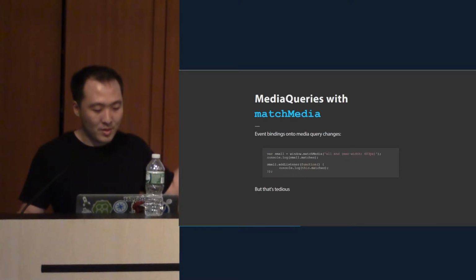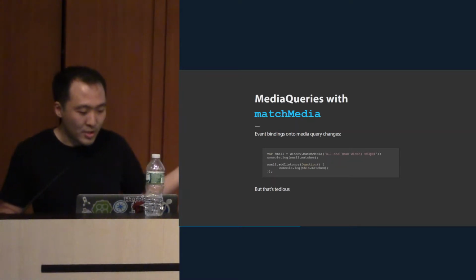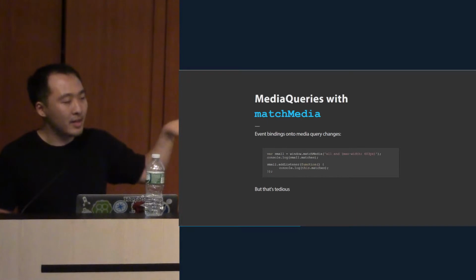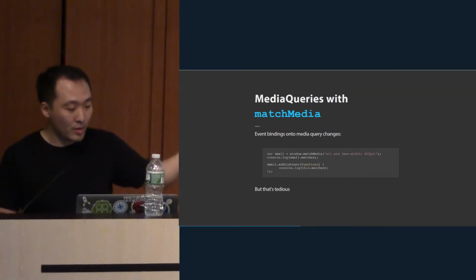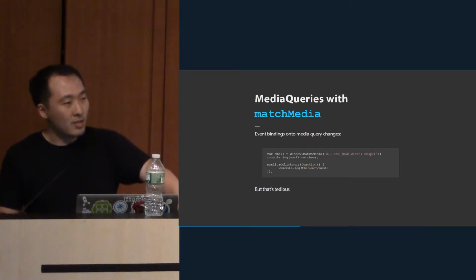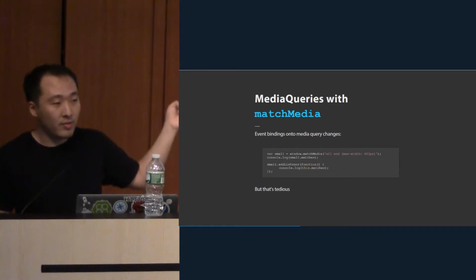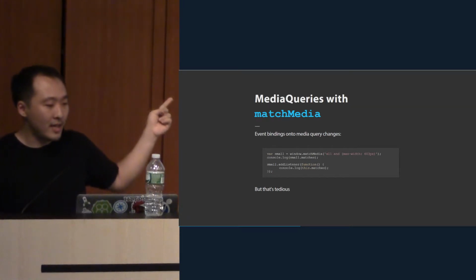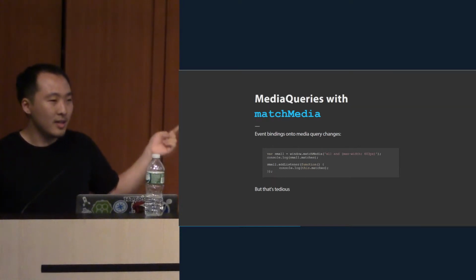So what we have is a media module, and in the media module, you're stating as an object a breakpoint name that matches onto a media query, so that all that the rest of your code deals with is the breakpoint name. For this, we have defined phone, tablet, and desktop, and that is all that we want to deal with.